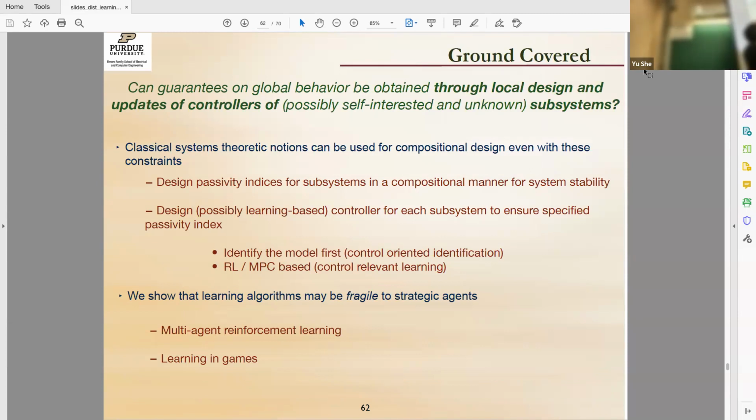Essentially the message there was that the tools that have been used in classical control in model-based settings can be extended to compositional control, but also to learning settings. And I've identified the need for learning-based control, combining identification and learning and control together to be able to get guarantees in the system.